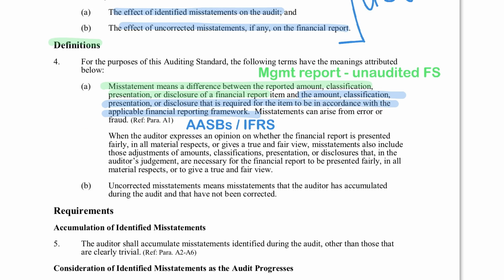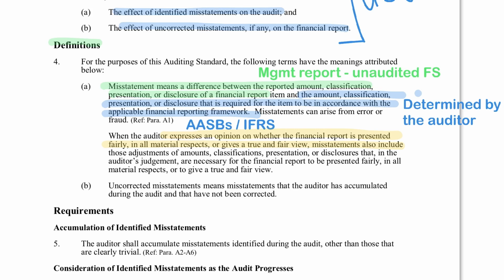So the blue one there is the amount that is going to be determined by the auditor. Because remember, what I have to do is express an opinion about whether the financial report is presented with a true and fair view in accordance with the accounting standards or the applicable financial reporting framework. So it's our comparison between what management think and what we think the numbers should be.